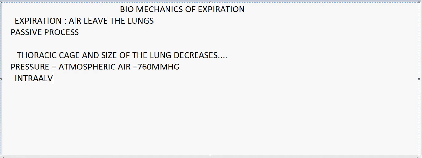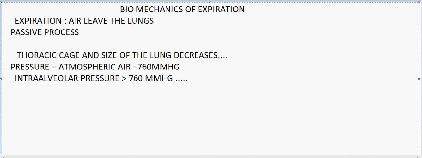Intra-alveolar pressure. When we look at the intra-alveolar pressure during expiration, it is greater than the atmospheric pressure, that is, greater than 760 mm Hg. When the pressure inside the lung is greater, the air moves from the higher pressure to the lower pressure. So the air is expelled from the lungs to the atmosphere.